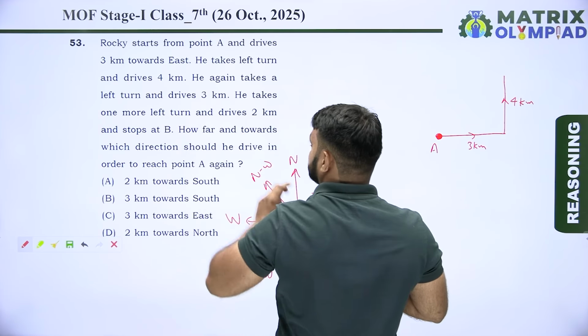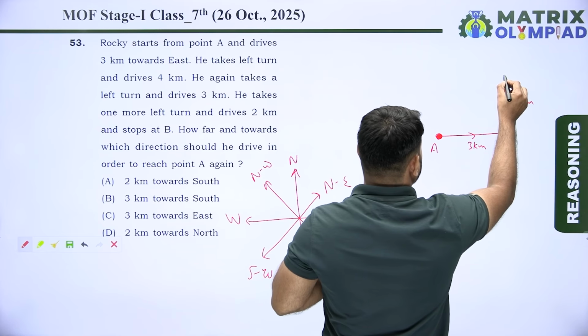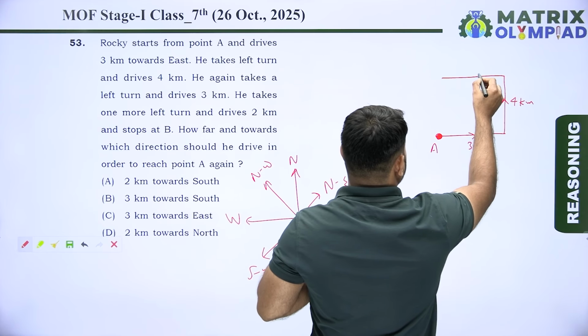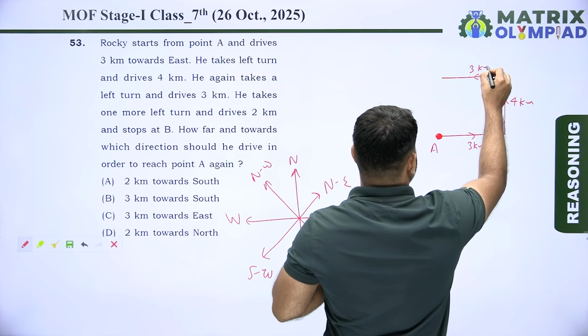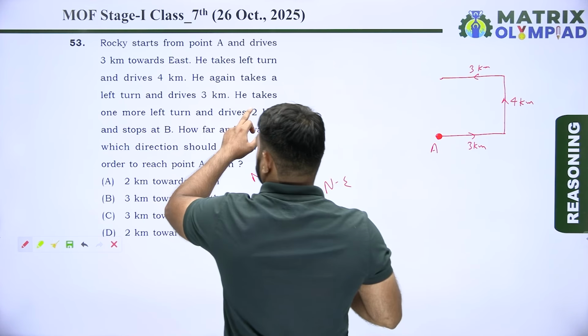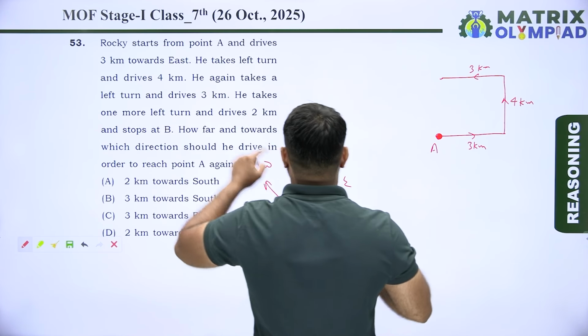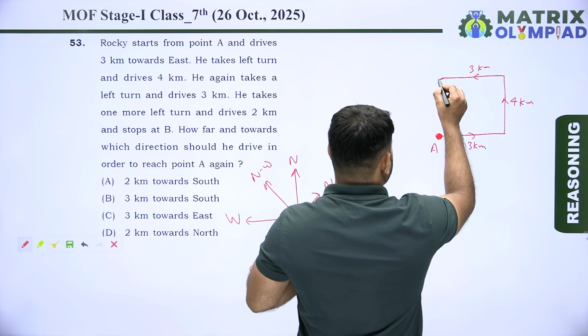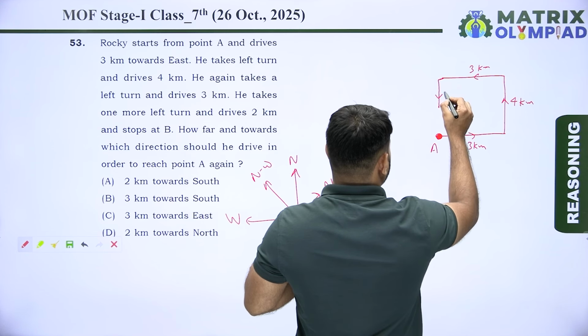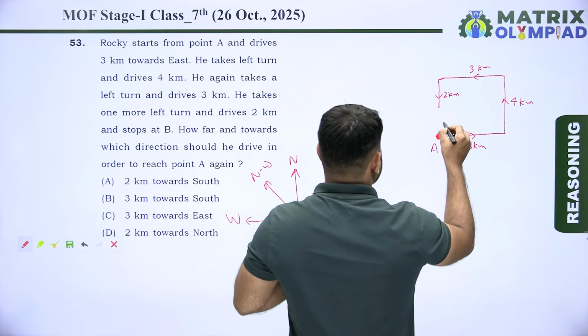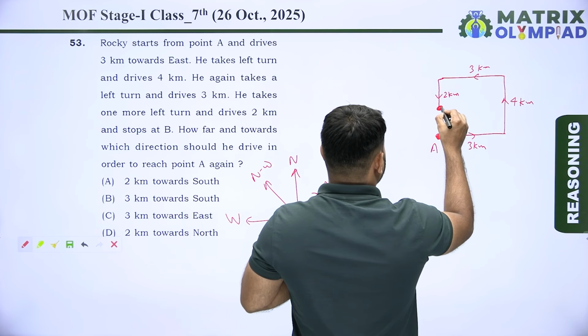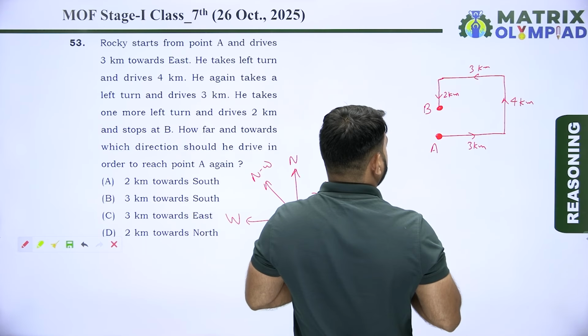Again he takes a left turn and drives for 3 km. He takes one more left turn and drives for 2 km and stops at point B. So this is the point B.